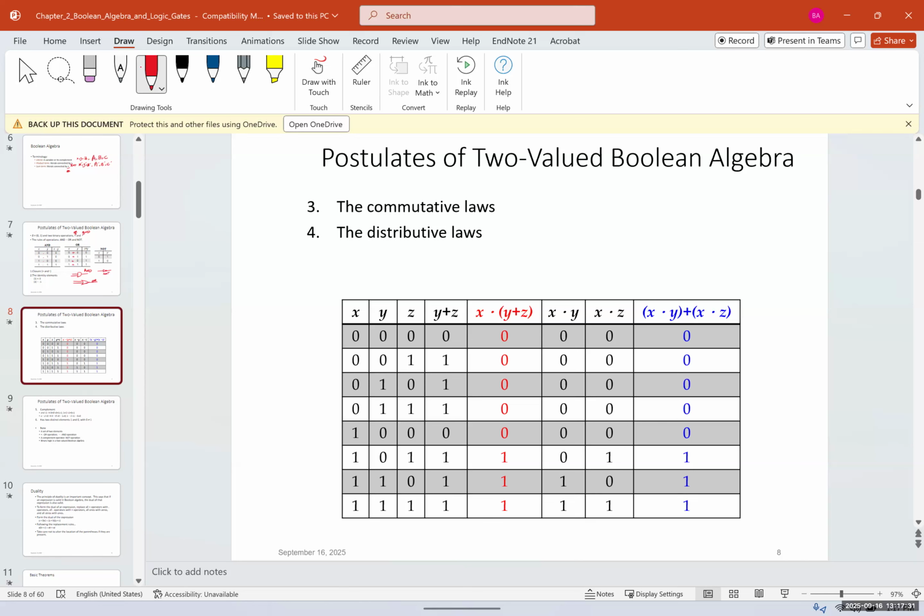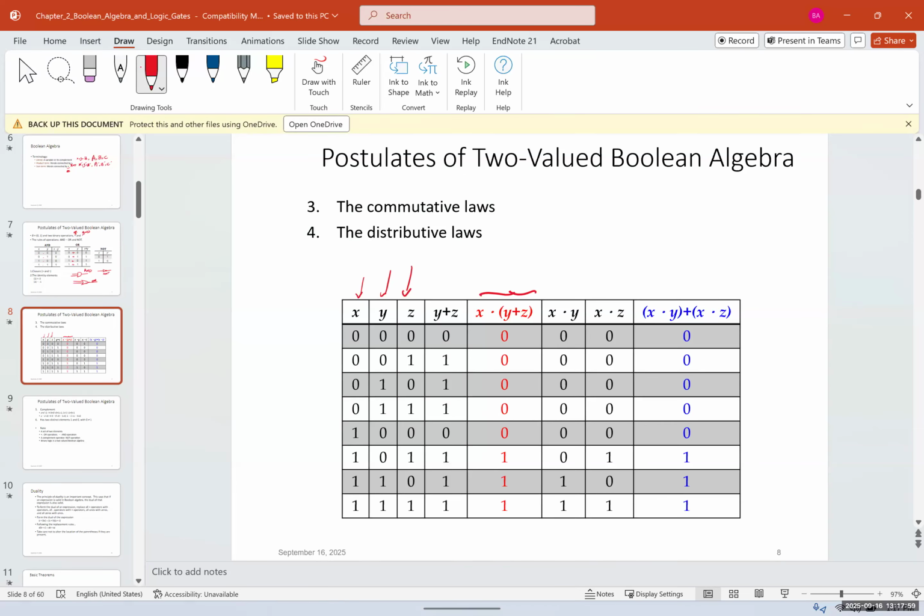So the other postulates of a two-valued Boolean algebra system are the commutative laws and the distributive laws, as mentioned. So imagine if we have three literals, x, y, and z, and we want to find x and with y or with z.